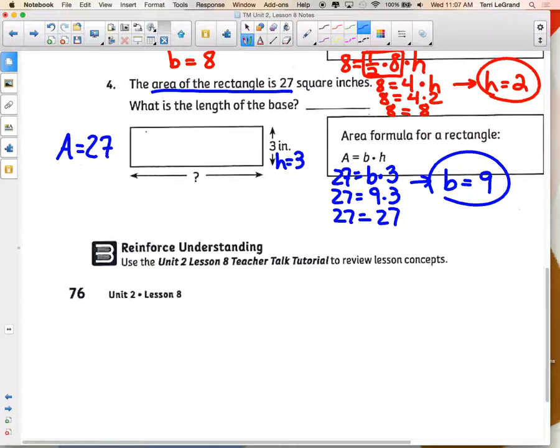A B for the question mark, right? Okay, anything else? Okay, so now we're ready to give the answer, and the answer is 9 inches. Square inches or inches? Inches. This is a length, not a number of squares.